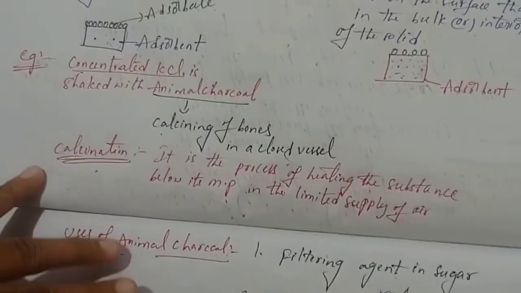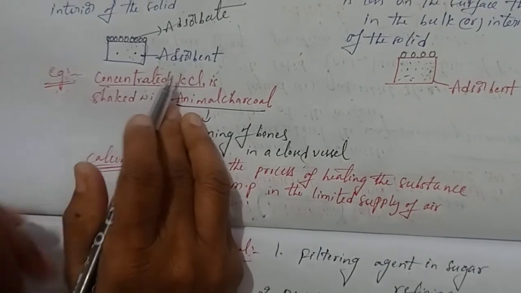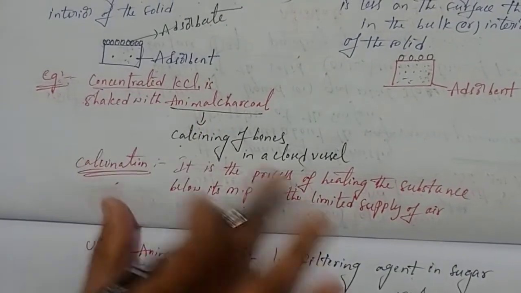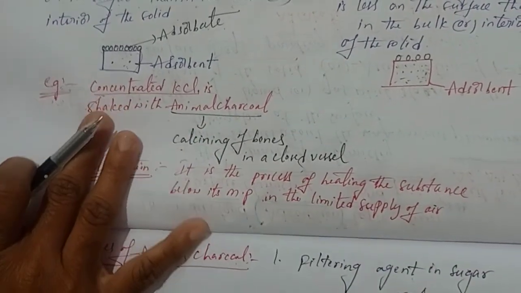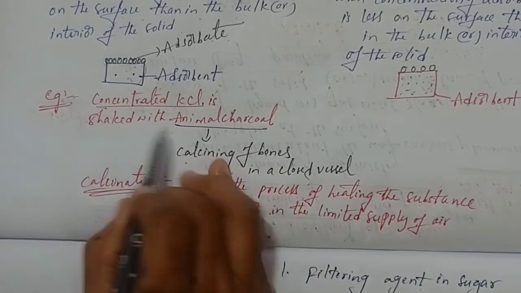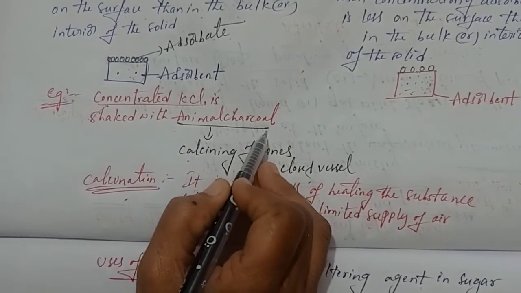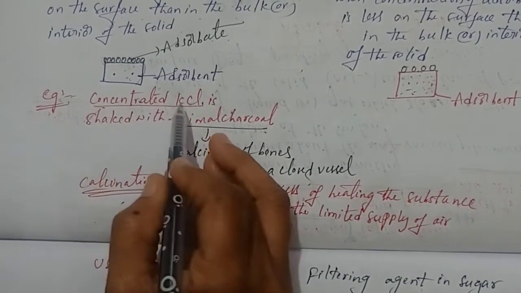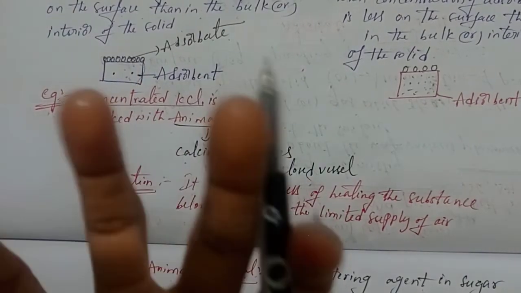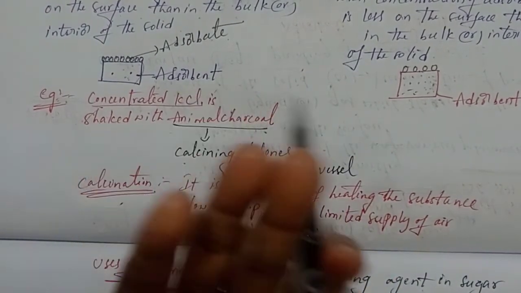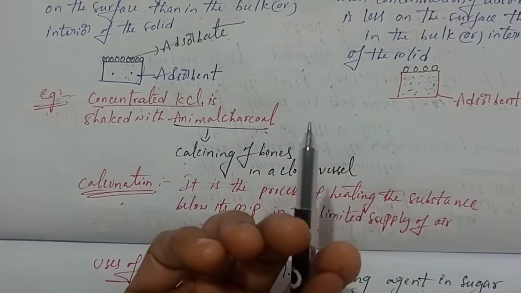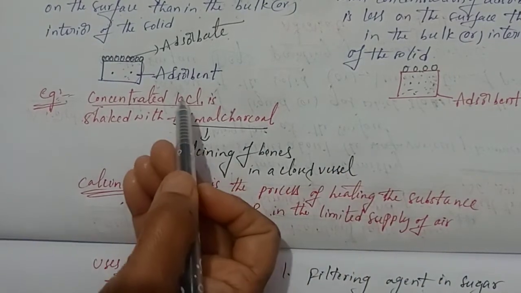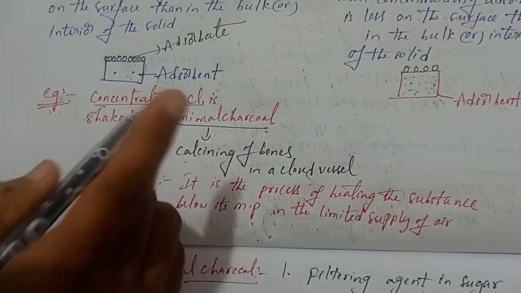Now see what example I told you, students. Positive adsorption. In positive adsorption, I told you concentrated KCl is shaken with animal charcoal. Concentrated KCl has more solute. Solute concentration is more, so the solute particle size is more compared to the solvent particle size.